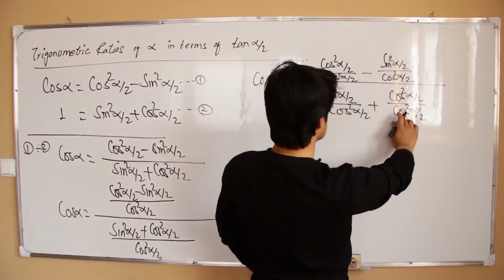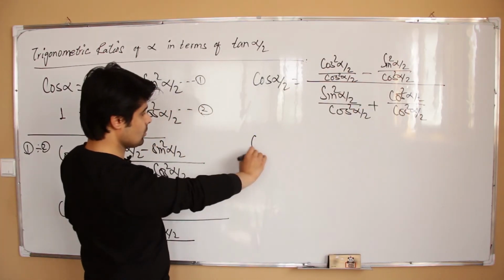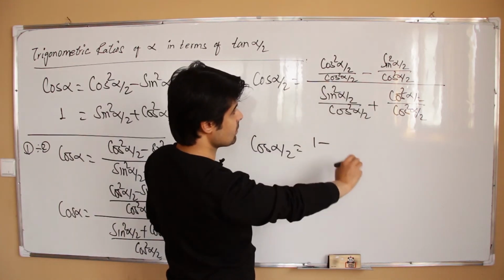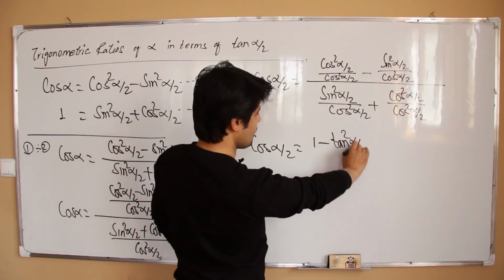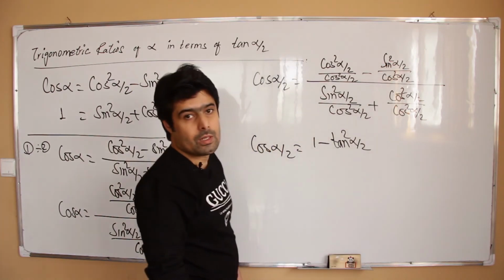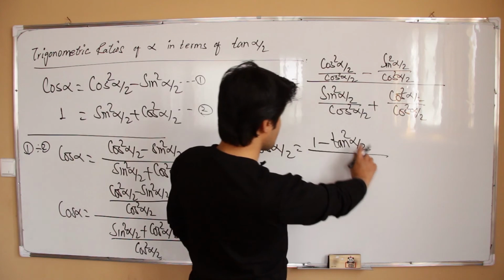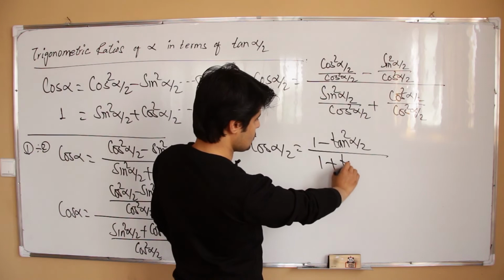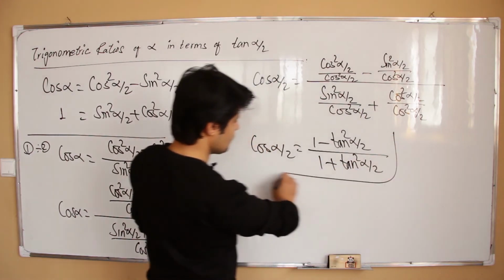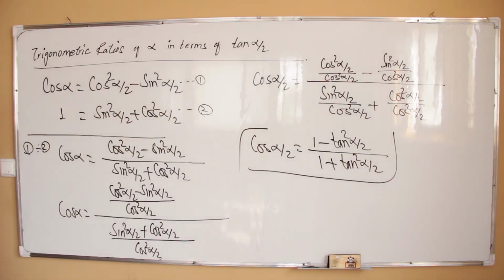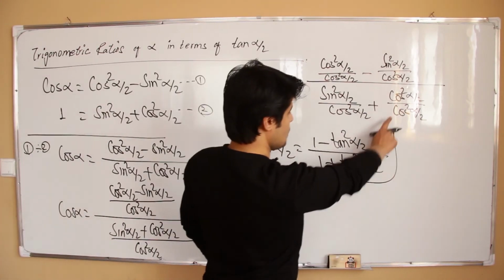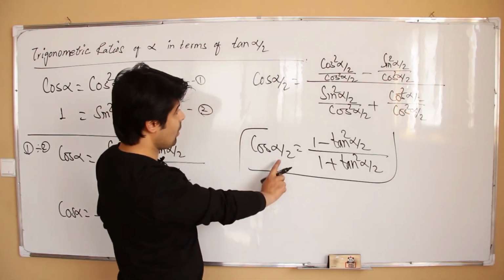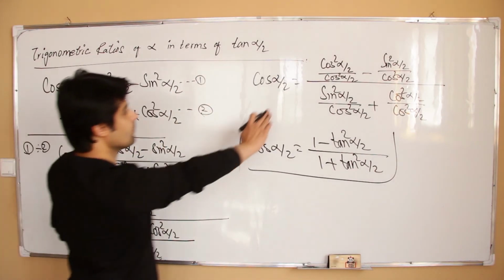This is cancelled. So you will have cosine of alpha equal to 1 minus sine divided by cosine, tangent square of alpha by 2, over 1 plus tangent square of alpha by 2. Oh, I'm sorry, this is alpha.